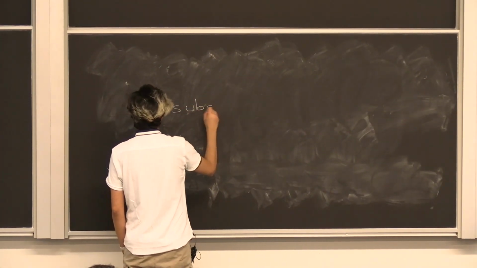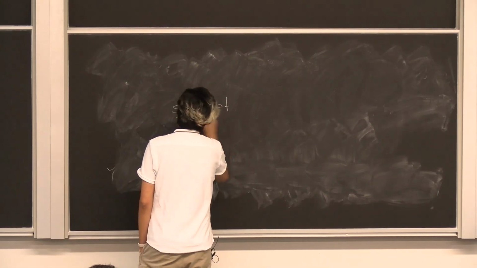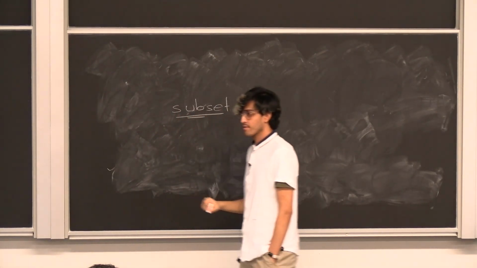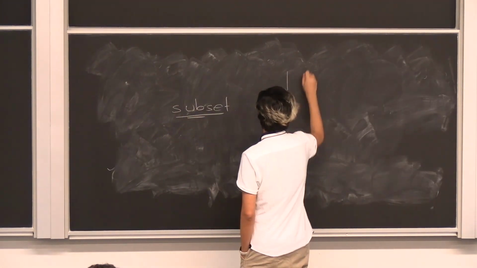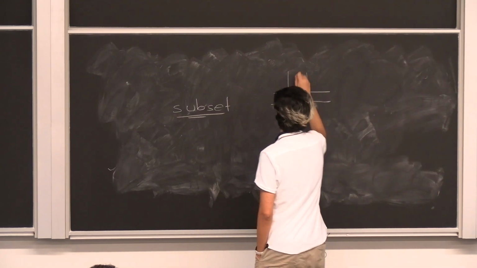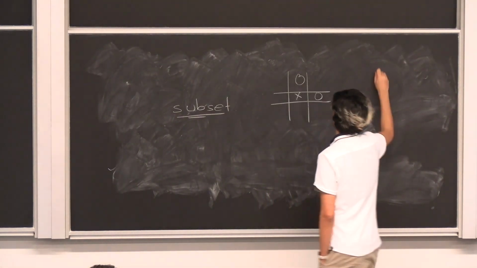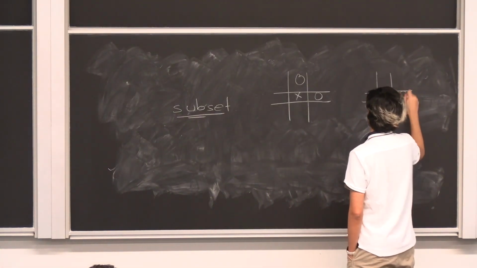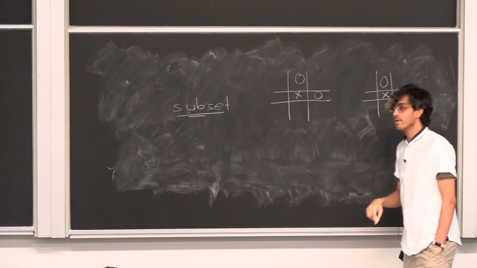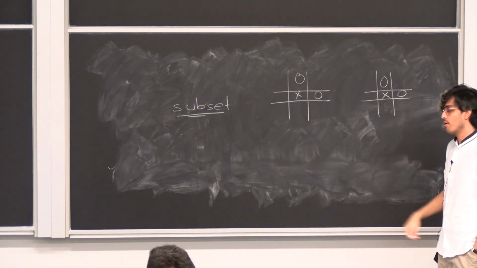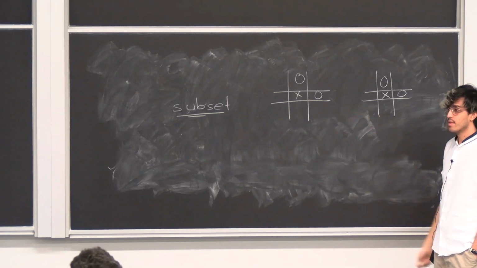Okay. This is not exactly correct. Because, for example, OXO and OXO in this other order are 2 different games, although they're the same in the count.